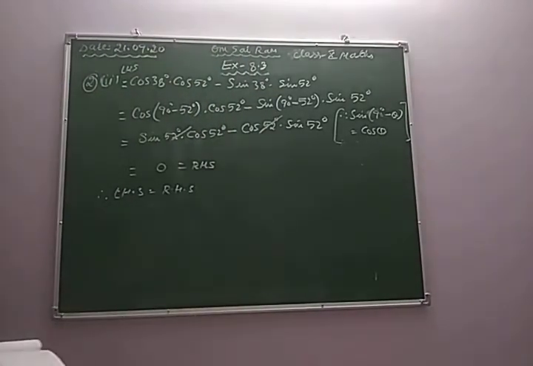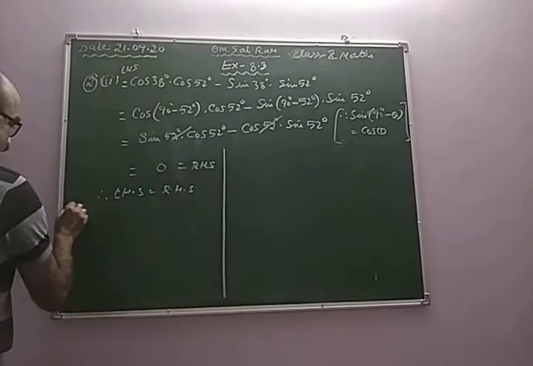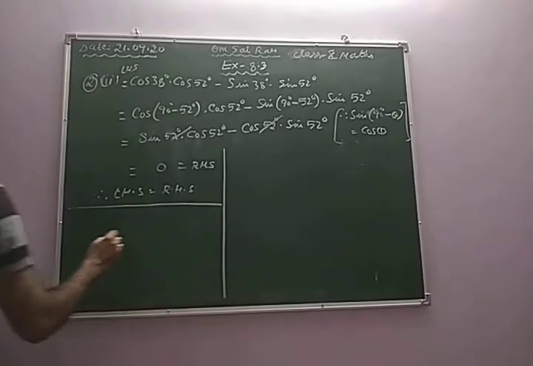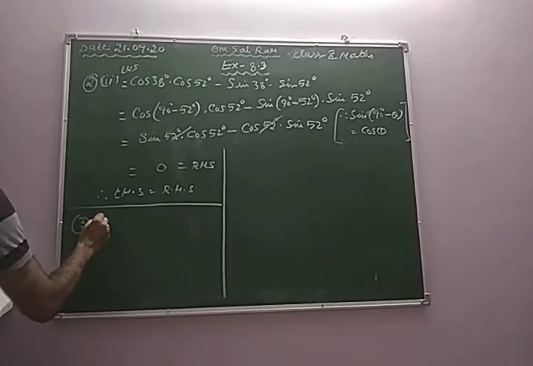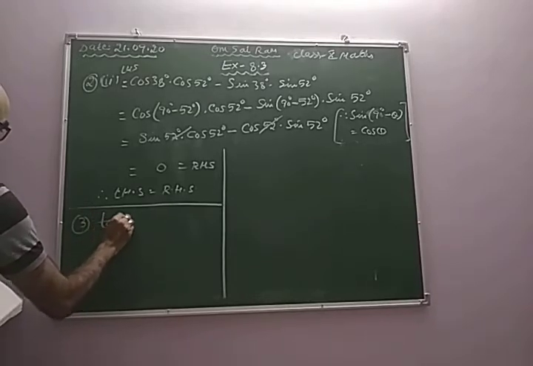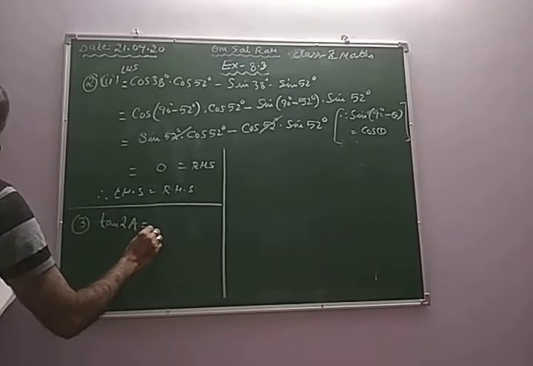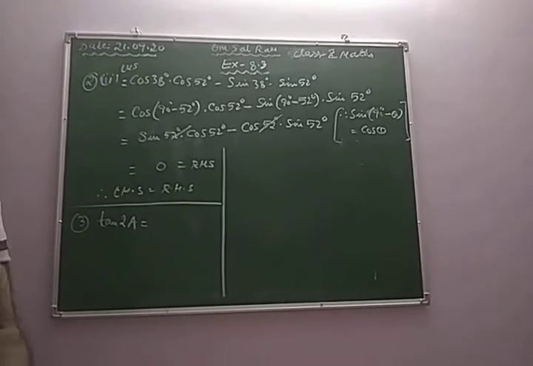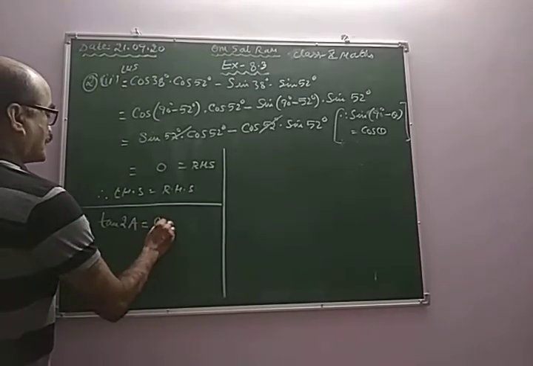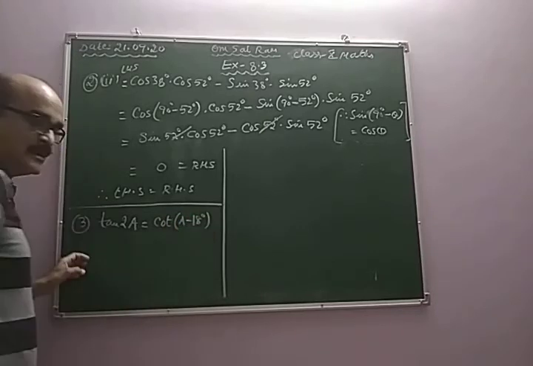Now I am solving question number 3. It is given that tan 2A is equal to cot (A minus 18 degree), right?